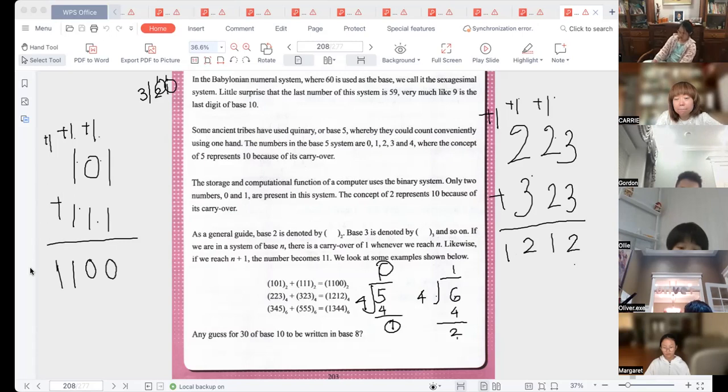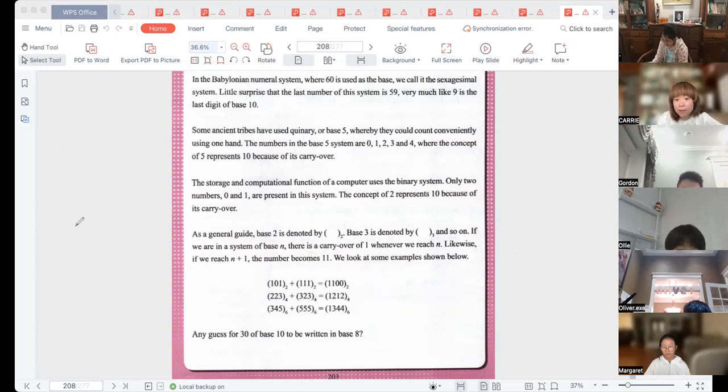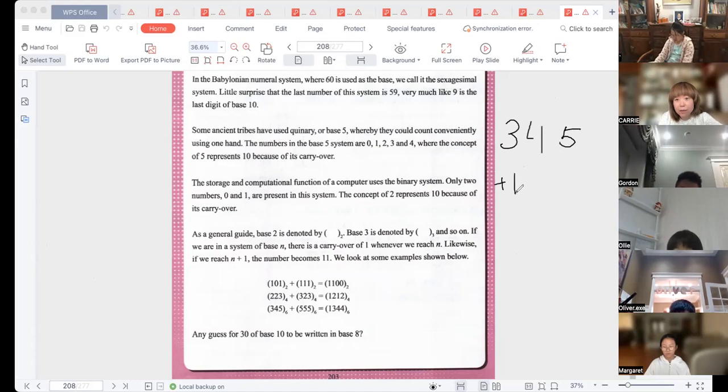Get it? Okay, so let's take a look at the next one. So 3, 4, 5 plus 5, 5, 5.